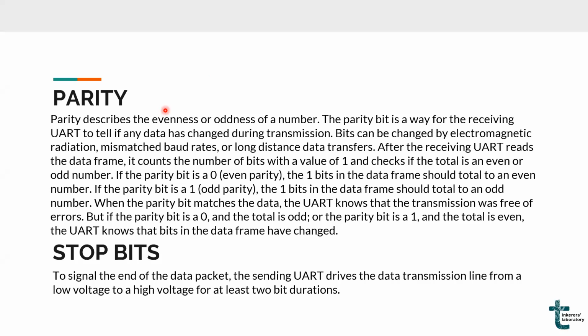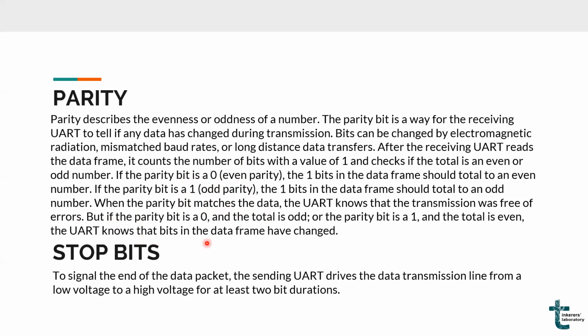The receiving unit counts the number of ones in the data bits. There are 3 in our case. So it checks with the parity bit. 1 means odd parity and 0 means even parity. If the parity bit is 1 and there is an odd number of ones in the data packet, then it knows that the data packet is error-free, and that the data has not changed while the transmission was going on.